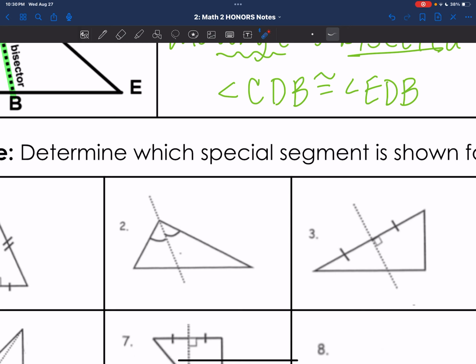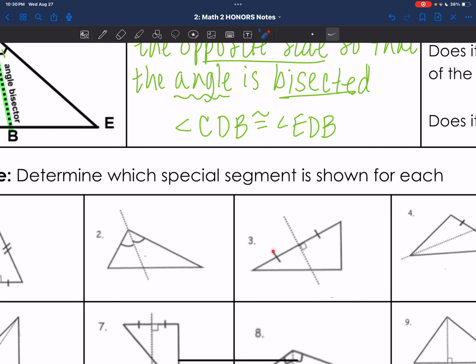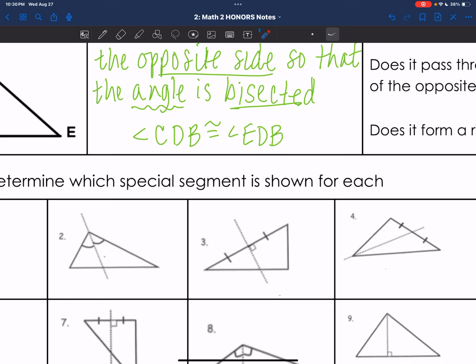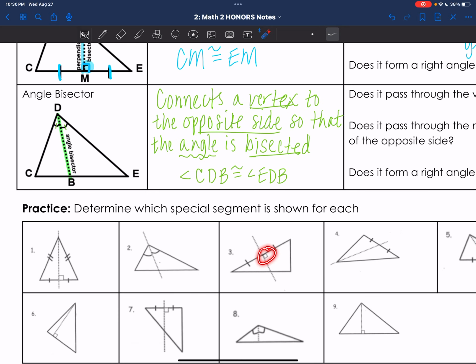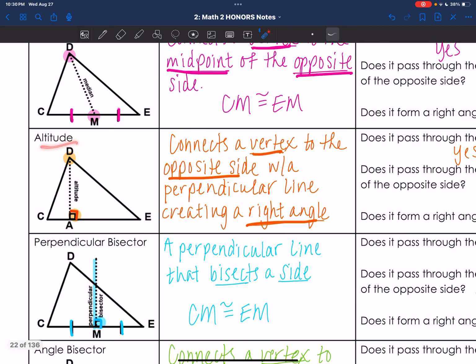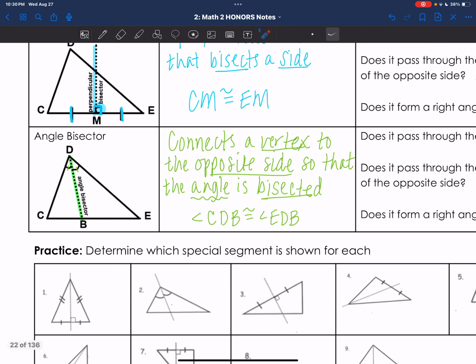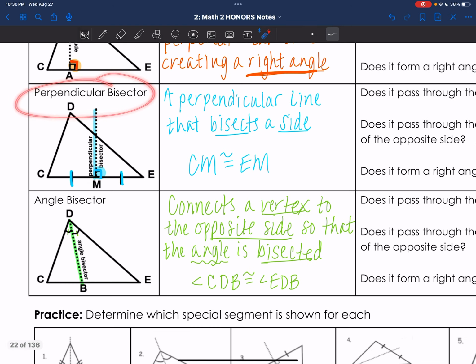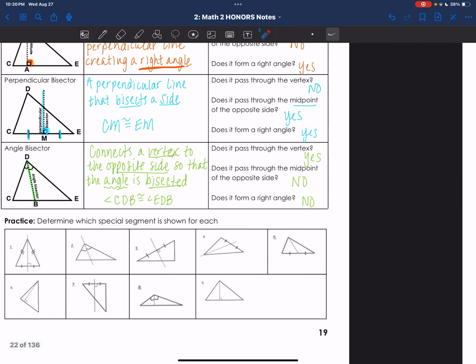Make sure you're looking: do you have a right angle? Are your sides equal? As soon as I see that right angle, I'm looking at a perpendicular or an altitude. And since it splits it evenly, it is a perpendicular bisector. All right, go ahead, try the other ones.